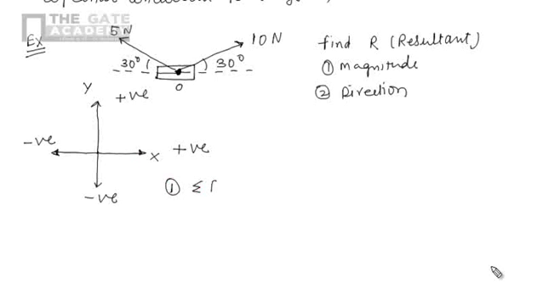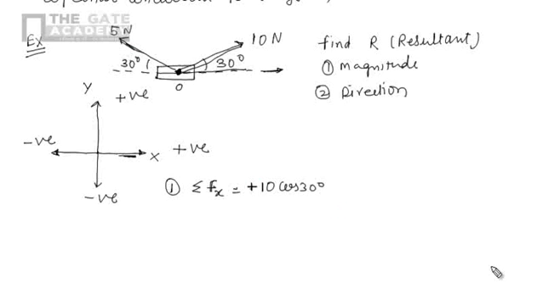We are interested in sigma Fx in the horizontal direction. So we take the component of 10 N in the horizontal direction, which is 10 cos 30, and the direction is positive x, so the sign of this component will be positive.